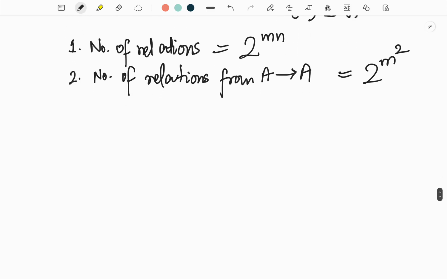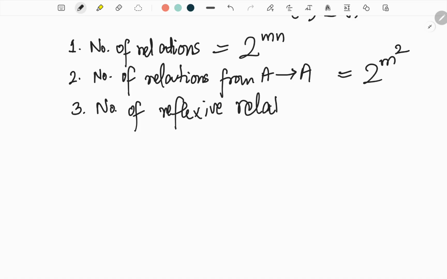Then what are the number of reflexive relations? If you are talking about the number of reflexive relations from A to A, then it will be 2 raised to M into M minus 1.